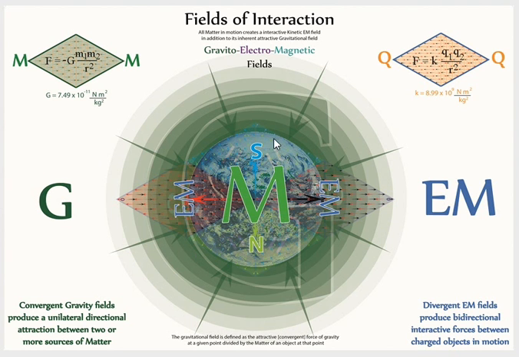These combined fields at both the quantum and the large-scale cosmological distances are re-termed within Tetryonics as GEM fields, Gravito-Electro-Magnetic interactions.